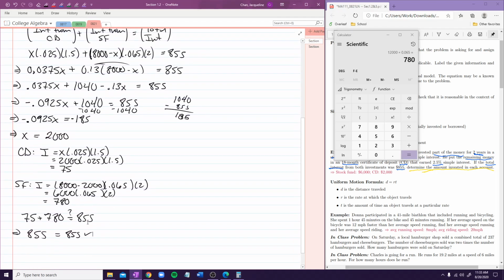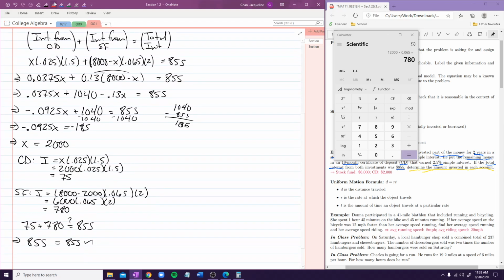Because this holds, I'm going to write our answer over here so I don't have to use that much more notebook space. This means that the amount invested in the CD is $2,000, and the stock fund is going to be $6,000, because 8,000 minus 2,000 is 6,000.